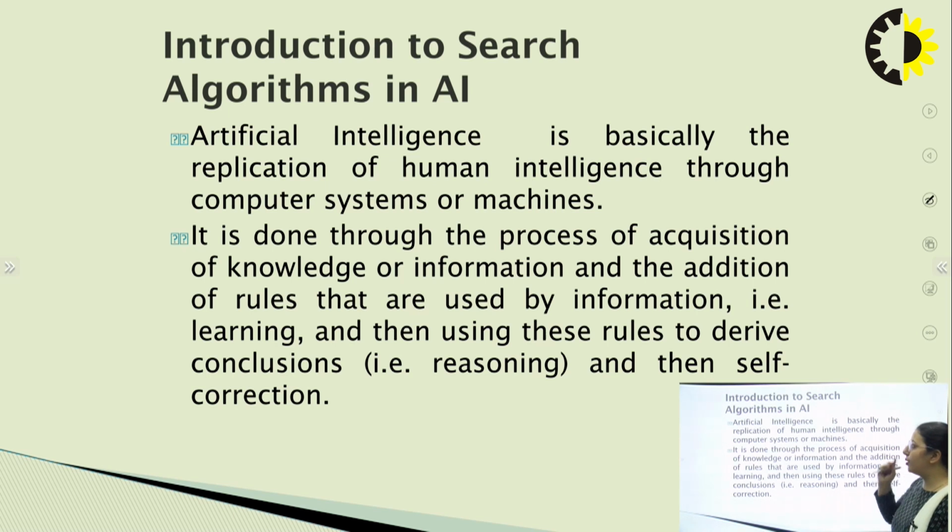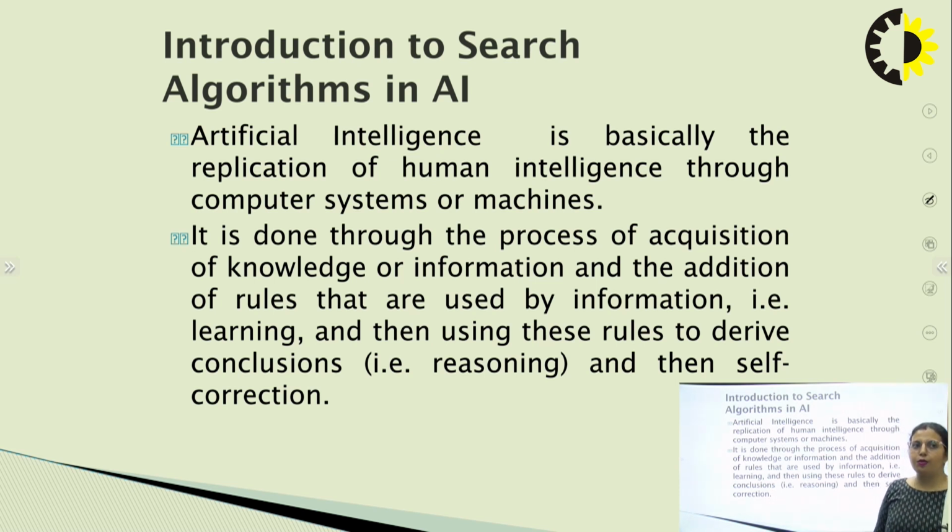So what does a searching algorithm mean? Artificial intelligence is basically the replication of human intelligence through computers or machines. Just as humans think, we want an artificial object to think in the same way.